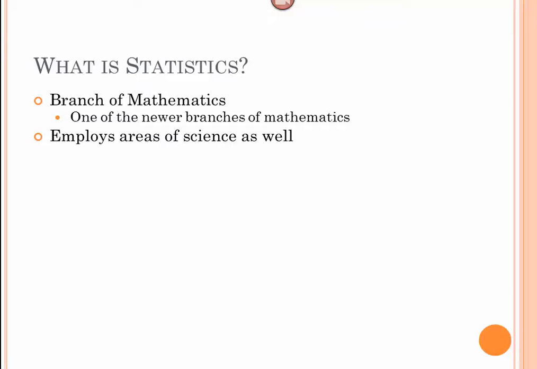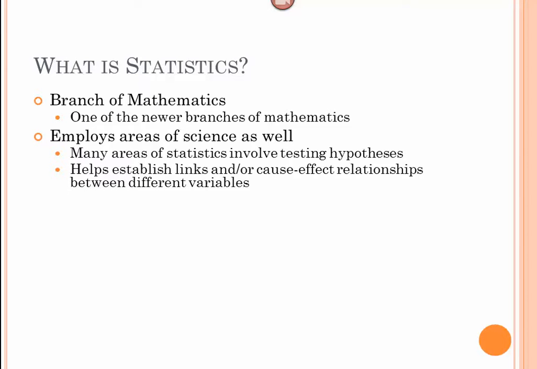It employs areas of science as well. If you remember in some of your science classes, science is based around creating hypotheses that you go and test. We also do that with statistics, and in fact a lot of statistics is used in testing scientific hypotheses. It helps us establish links and cause-effect relationships between two sets of data or two different variables.